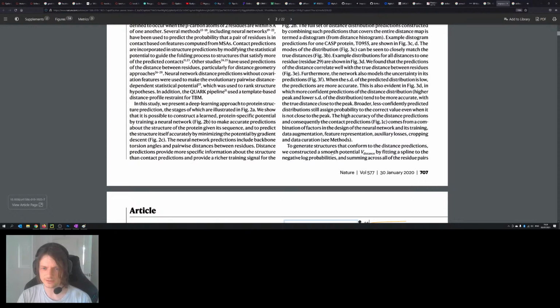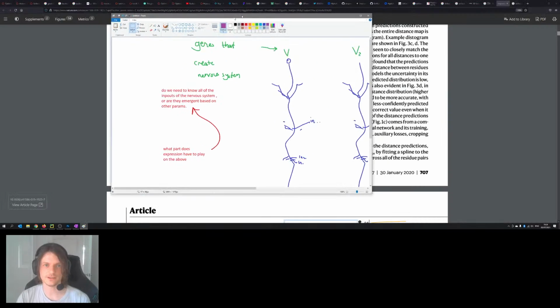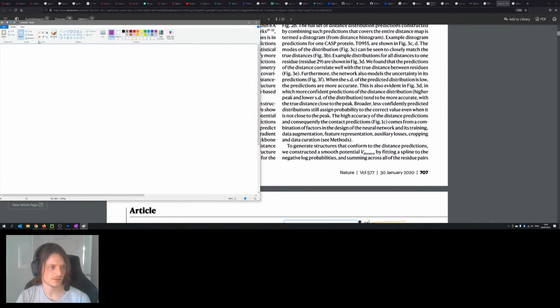So it's saying, to generate structures that conform to this position, we constructed a smooth potential V distance. So let's just draw that. So you construct a smooth potential V distance by fitting a spline to the negative log probabilities and summing across all of the residue pairs.